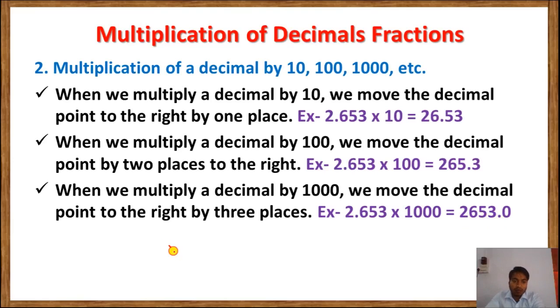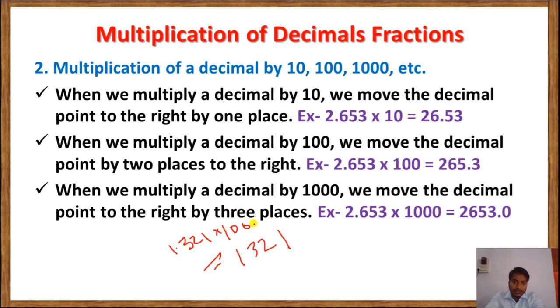Let me give one more example. Suppose we have 1.321. If we have to multiply by 1000, when we multiply, we'll get 1321. Right now the decimal point is in between 1 and 3.